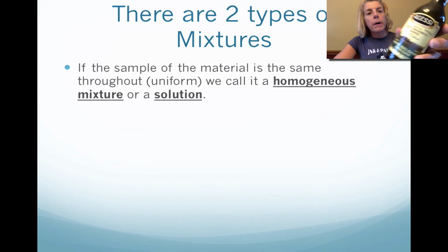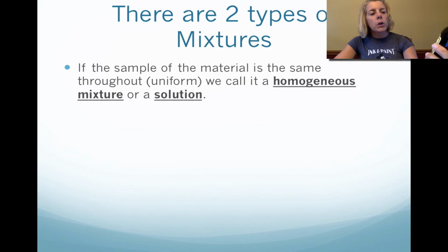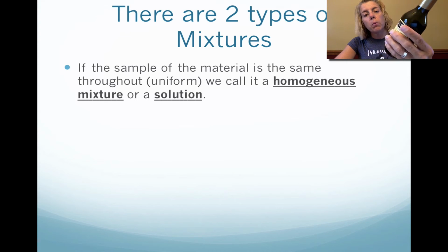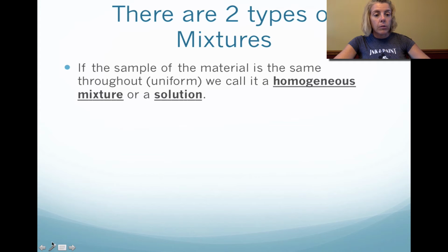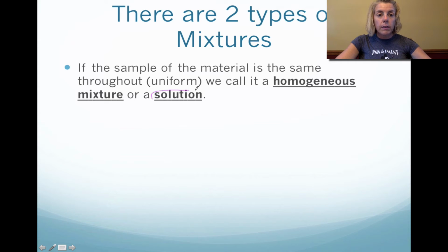I have a bottle of balsamic vinegar, and vinegar, the type that you use, is actually a combination of water and acetic acid. So this vinegar is homogeneous because if you were to pour it into a glass, you'd see that it's the same throughout. So it's considered what we call a solution. Please remember, anything that's homogeneous, we can also call a solution.